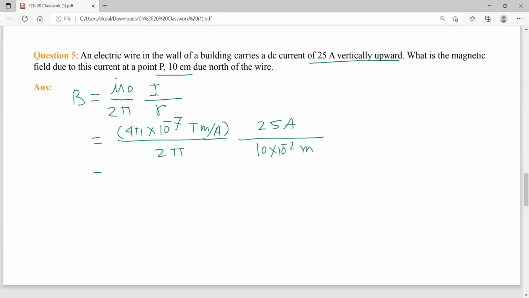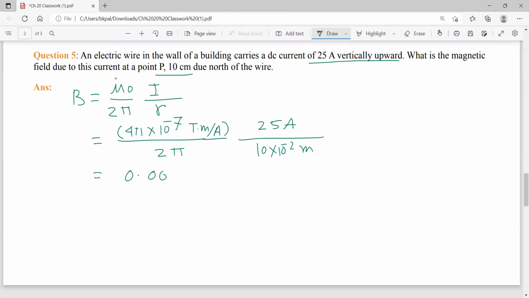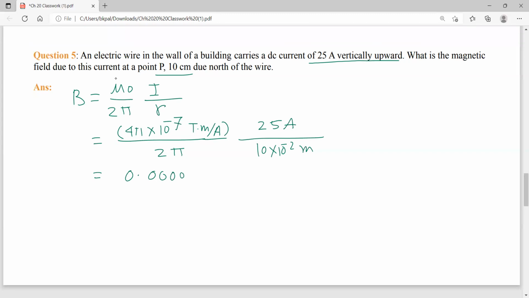So that means this is equal to 0.0005 Tesla. And then again, using the right hand rule, you can determine the direction of the magnetic field.